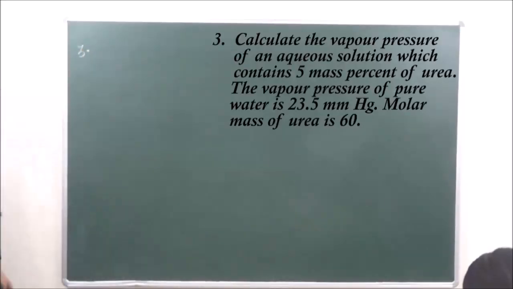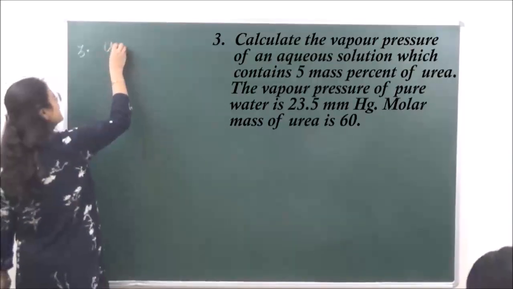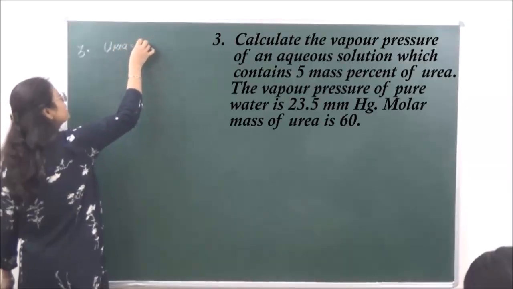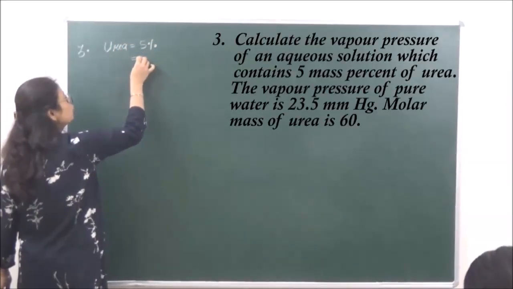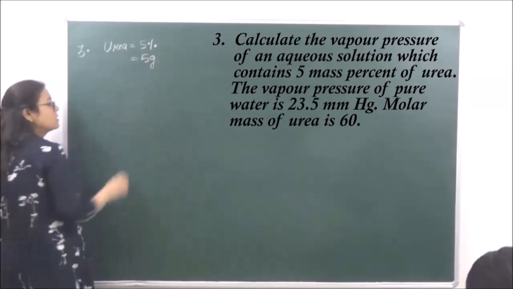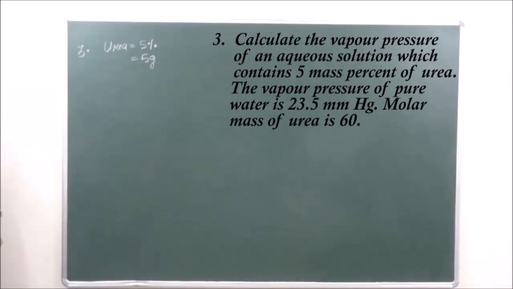Question number 3 is calculate the vapor pressure of an aqueous solution which contains 5 mass percent of urea. So urea they are saying is 5%. So let's assume that it is equal to 5 grams. Okay.